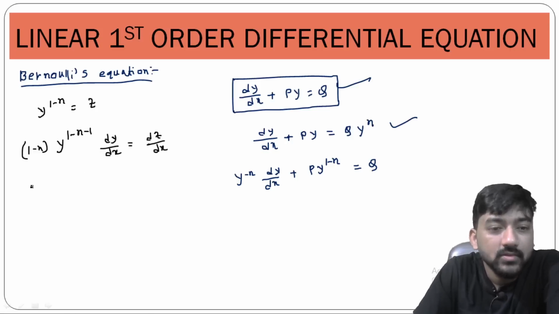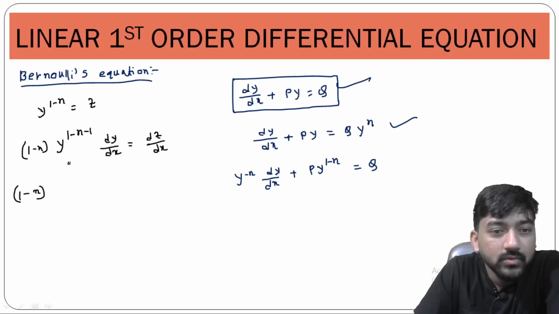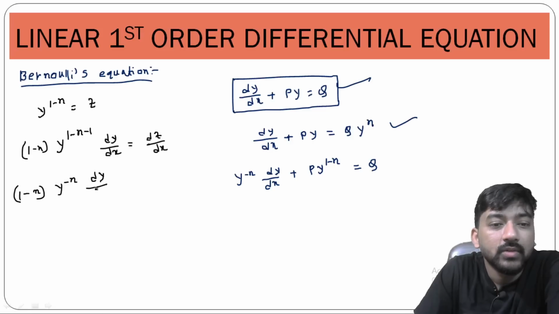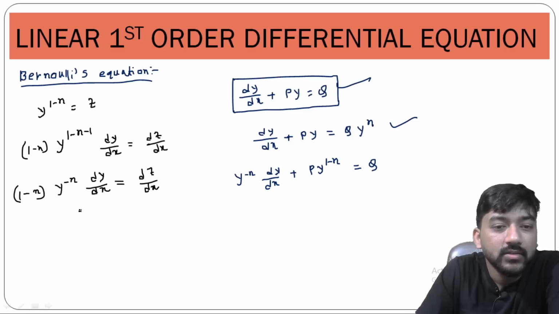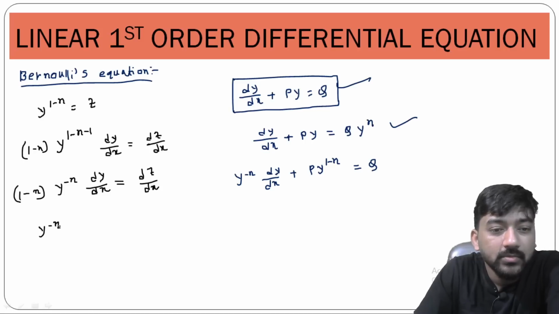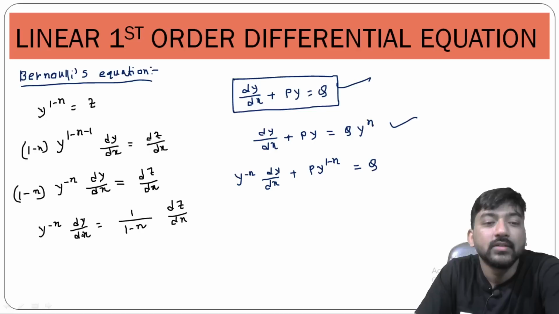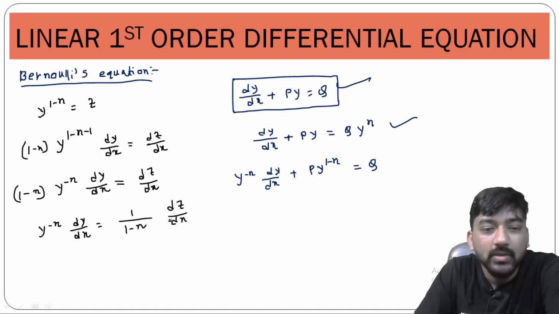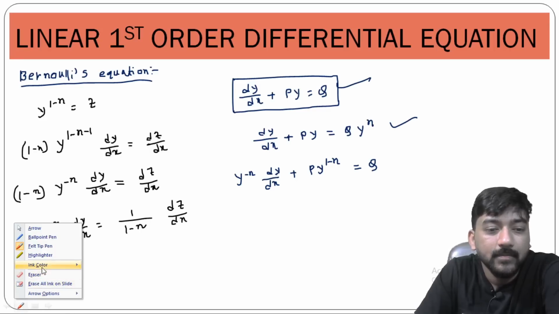So you will get 1 minus n into y to the power minus n into dy by dx equal to dz by dx. So y to the power minus n dy by dx is equal to 1 by 1 minus n into dz by dx. So you put here y to the power minus n into dy by dx as 1 by 1 minus n into dz by dx.